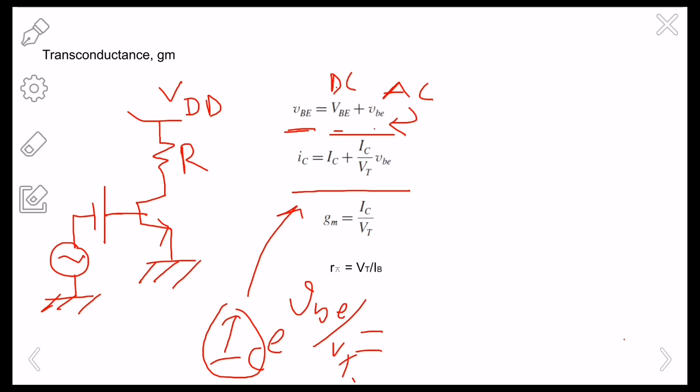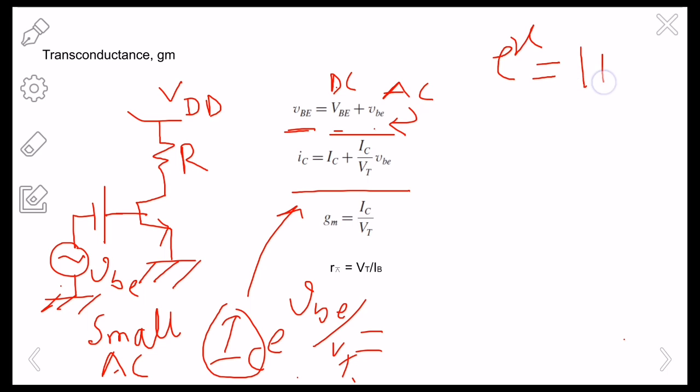Okay, so here we are at this point right here. So what can we do? See that our AC, this is my vbe, it will be a very small signal AC, right? It's a very small AC. So for very small value, e to the power x can be written as 1 plus x and so on.